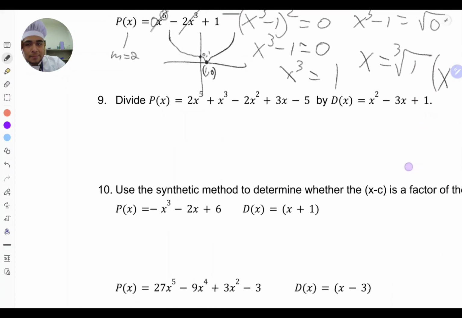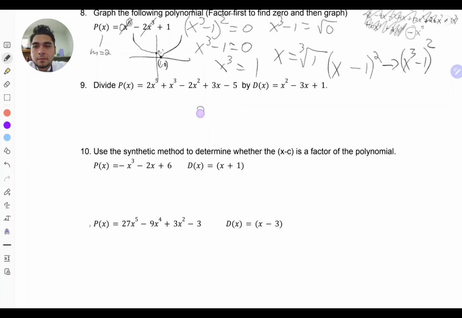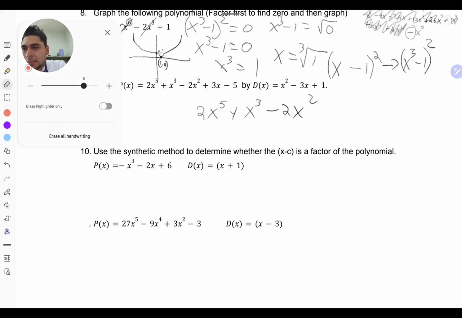So continuing on. Now we have to divide this polynomial by this polynomial. 2x to the 5th plus x cubed minus 2x squared. Let me just change this really quickly.